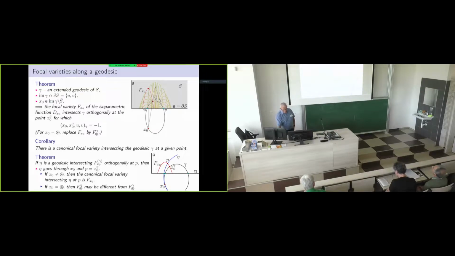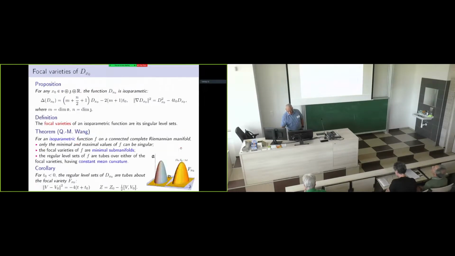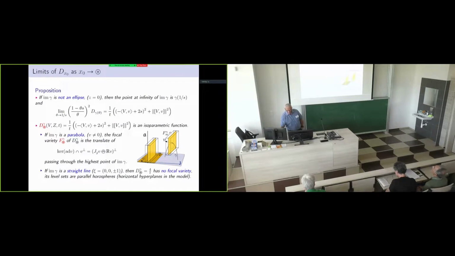So any geodesic whose extension runs through x0 will meet this focal variety orthogonally. But when we computed these limiting focal surfaces, I hadn't mentioned at that point that the limit will depend also on gamma. So it depends not only on the center, which is a point at infinity, but also on the direction from which we approximate, in which direction we converge to this point at infinity.